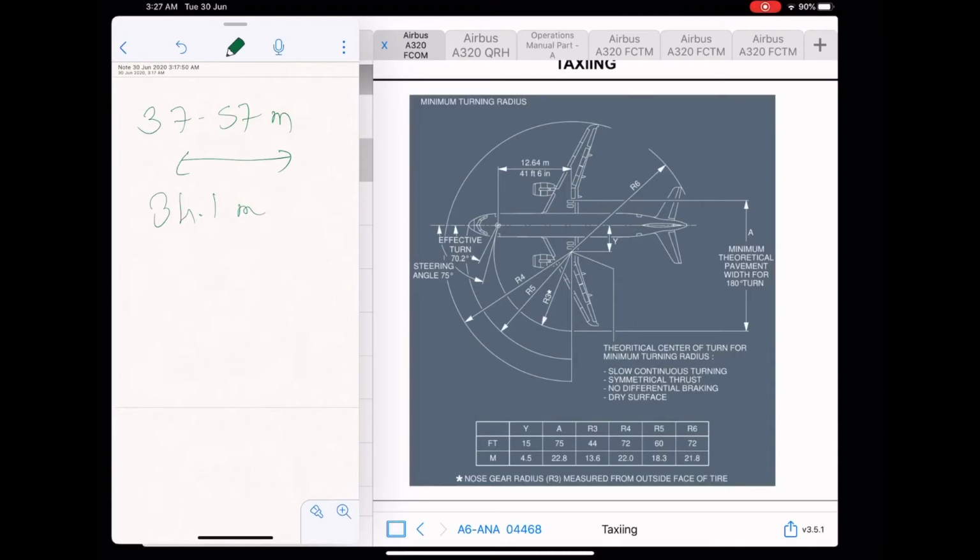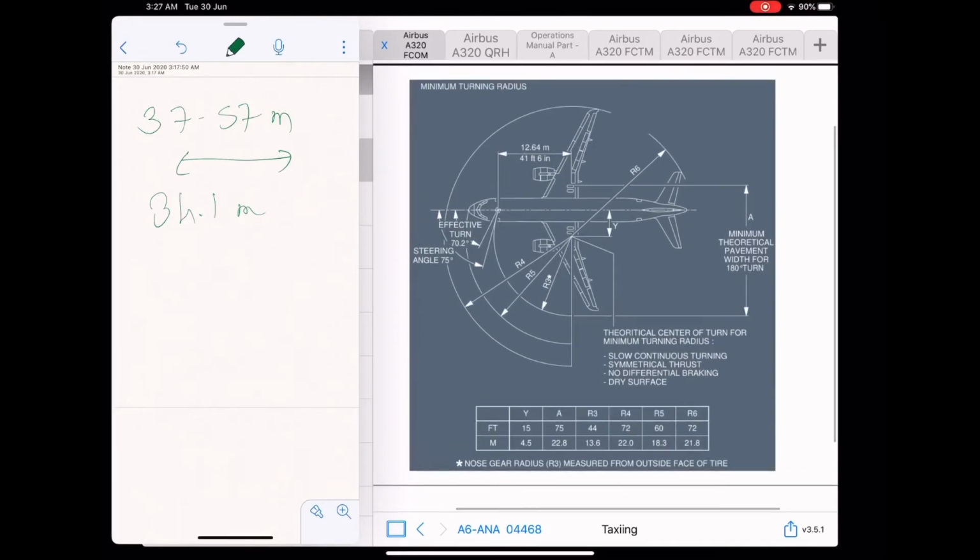And this is useful when you have to backtrack on the runway in case you don't have a taxiway link which connects you to the threshold point of the runway. So you'll have to basically use an intersection, a taxiway, and backtrack on the runway, and then make a 180 degree turn in order to face the runway which is being used for takeoff.